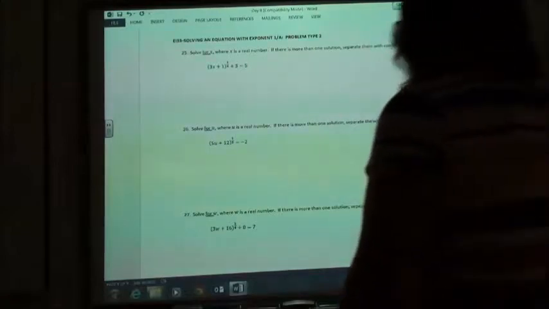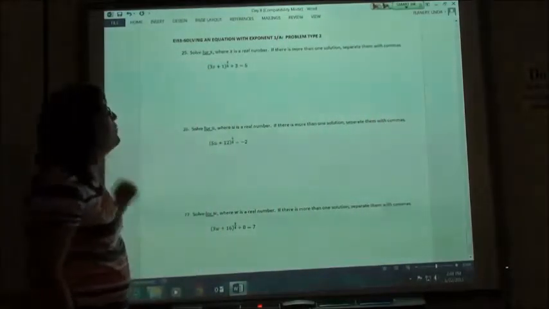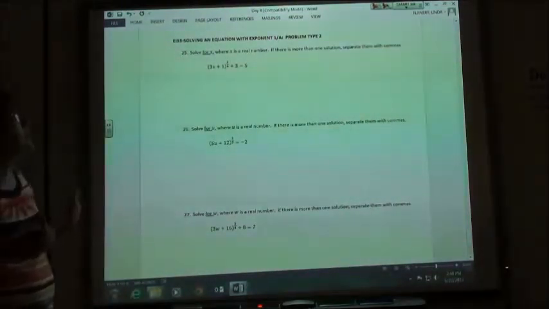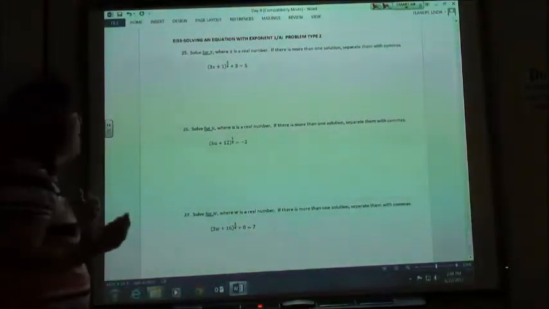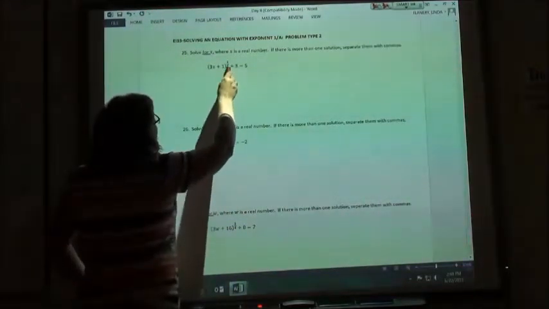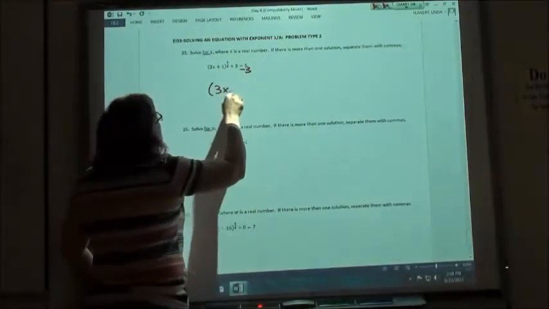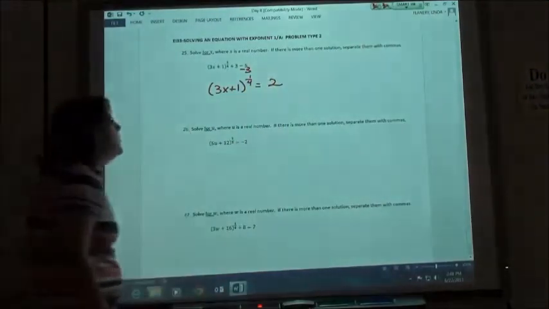The last three, we are solving ones that have fractional exponents. And these are just like we have the radical sign. But to get the point across, what we're doing is we're getting rid of the 1/4 by multiplying by the reciprocal, which is a 4th power. So again, I've got to get this by itself. So I'm going to minus my 3 and say 3x plus 1 to the 1/4 power equals 5 minus 3, which is 2.